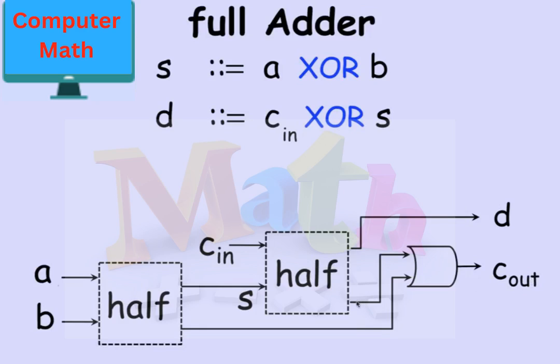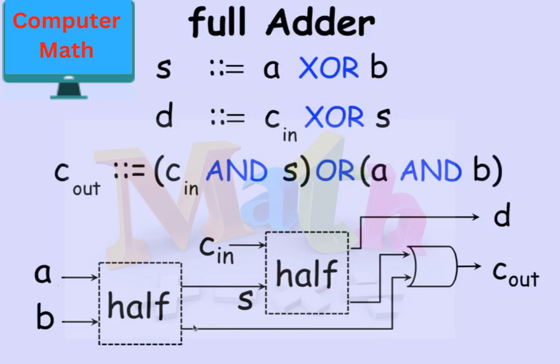Well, C out, this is an OR gate, by the way, so C out is going to be an OR of what comes out of this half adder, which is C in and S, ORed with the output of this half adder, which is just A and B. So there are a bunch of equations that completely characterize the structure of this little bit of digital logic and how it is wired up and fits together.